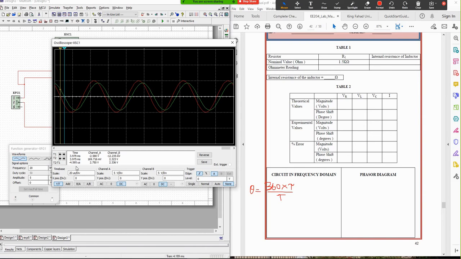So as you can see here, we have minus 4.595 microseconds.